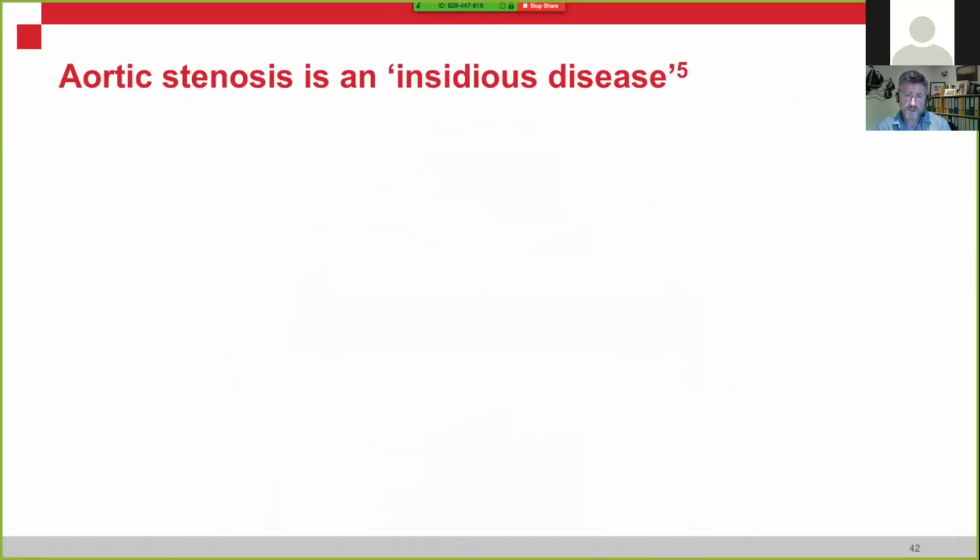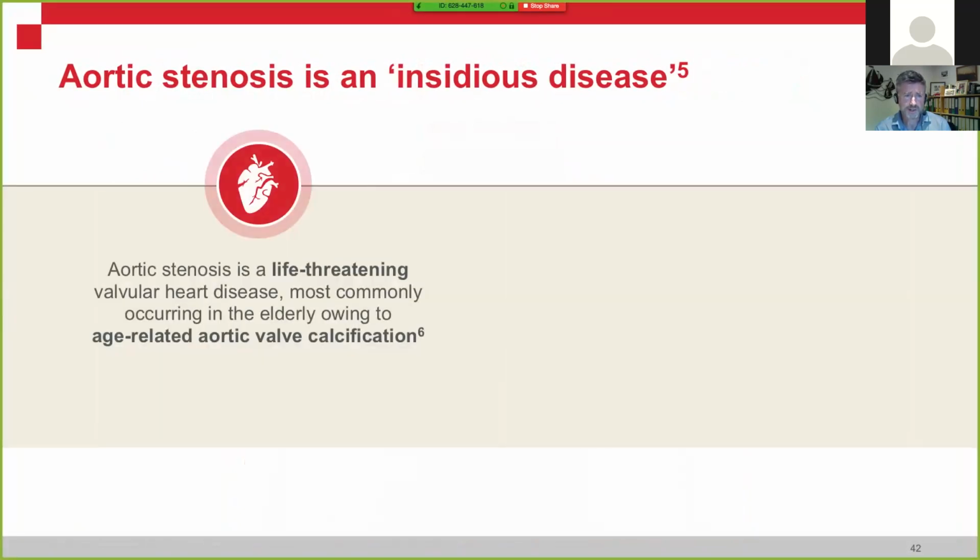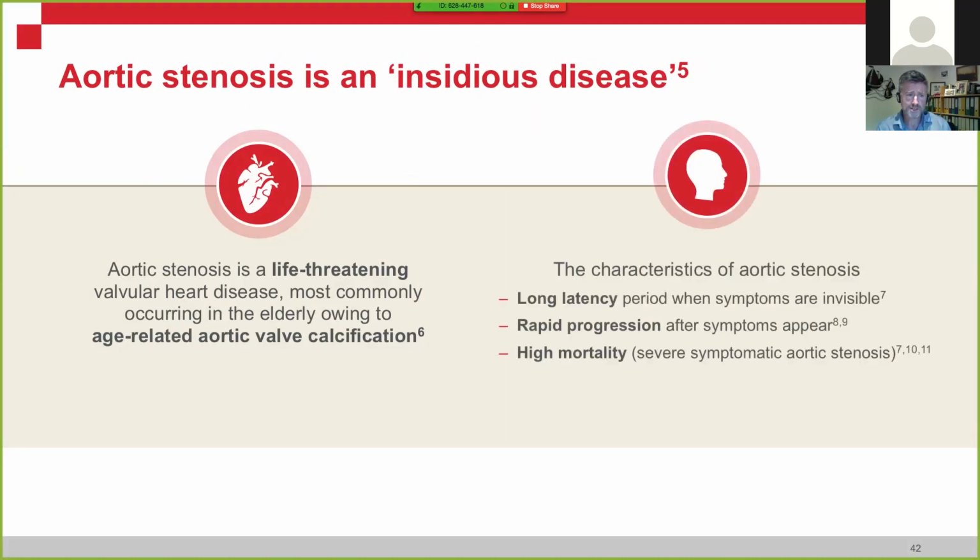Aortic stenosis, a little bit like mitral stenosis that we discussed earlier, has a 20 to 40 year latency period. It's a relatively insidious disease. Certainly it's life-threatening in its more severe form, and is primarily related to age-related aortic valve calcification and valve degeneration.